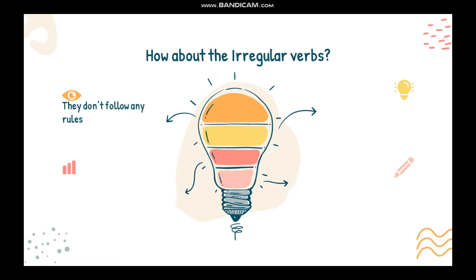Yeah, irregular verbs do not follow any rules. And then you must learn them to know about that. And also you must memorize that. And the last, to make it last in your memory, you must use them in your daily life. Okay, let's see the examples of some irregular verbs.